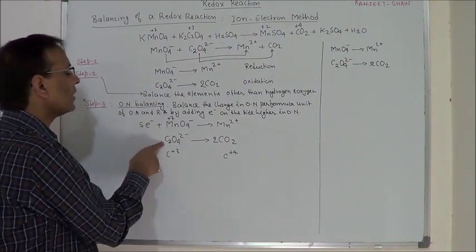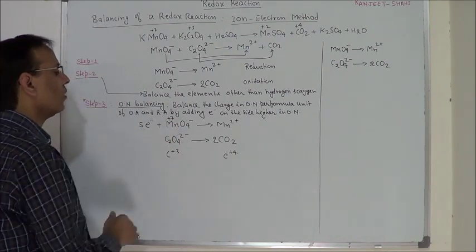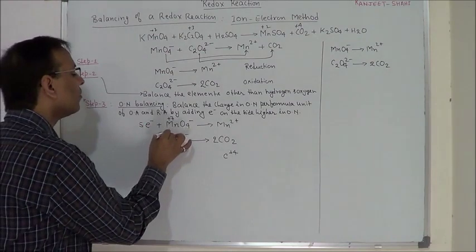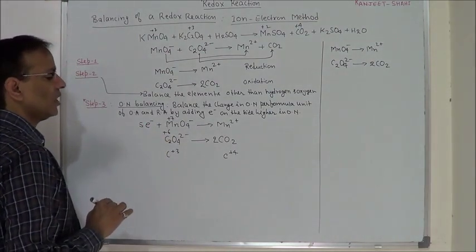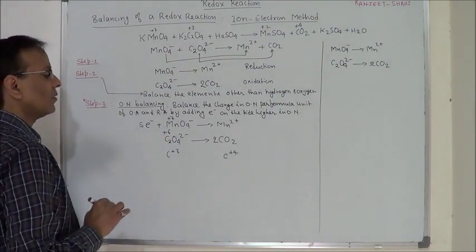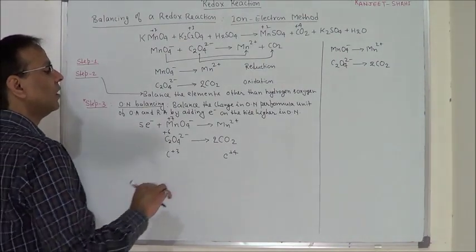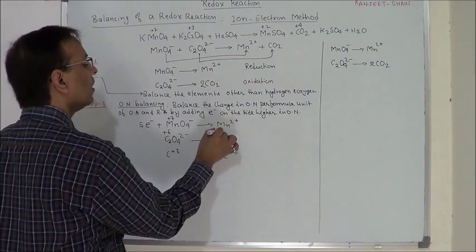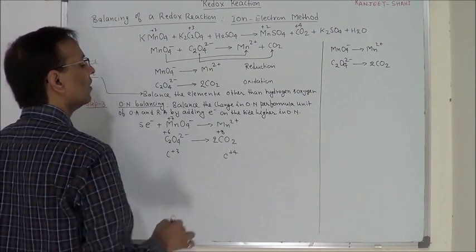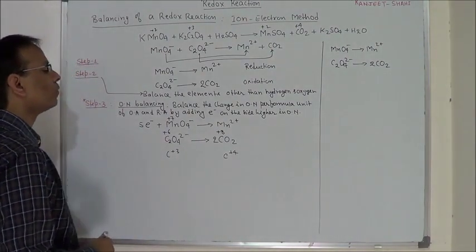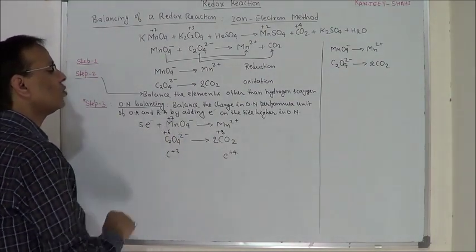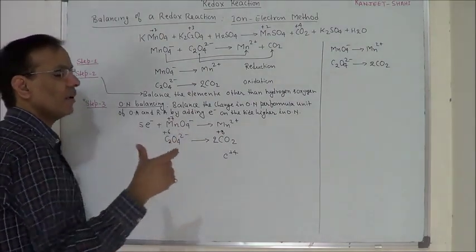So on 2 carbon we have a total of 6 positive charge on the left side, and 2 into +4, 8 units of charge on the right side, a difference of 2.